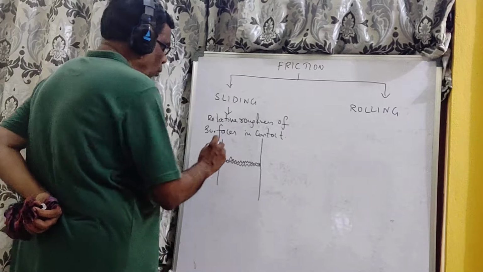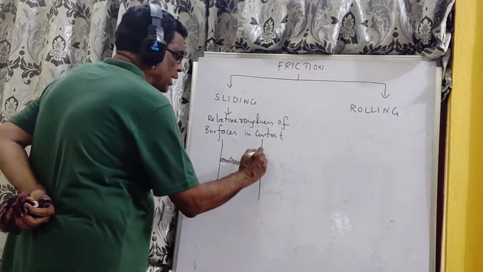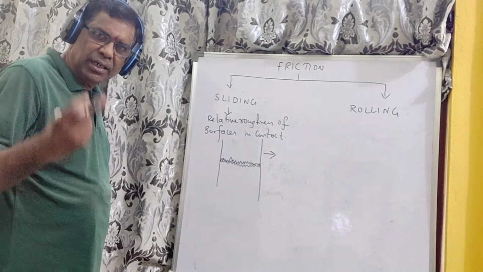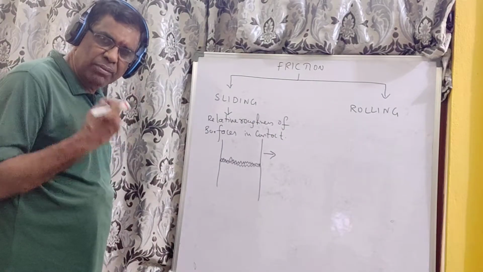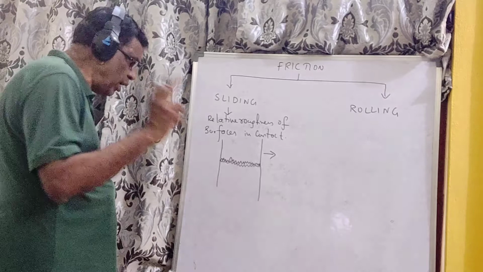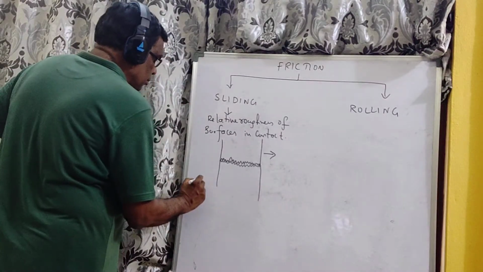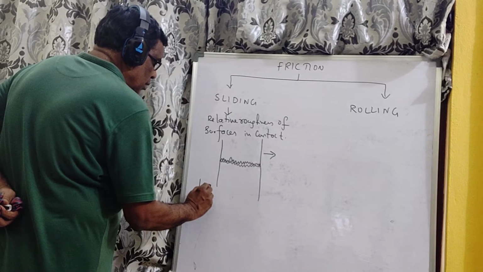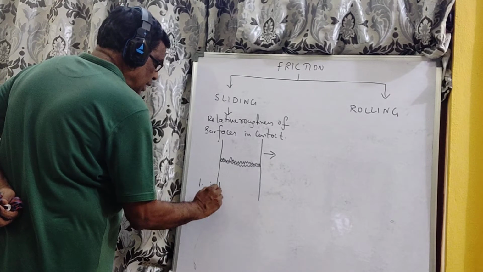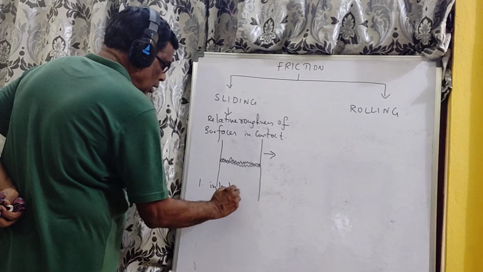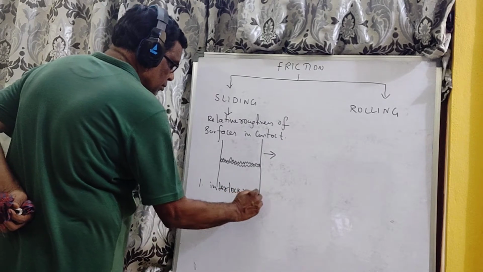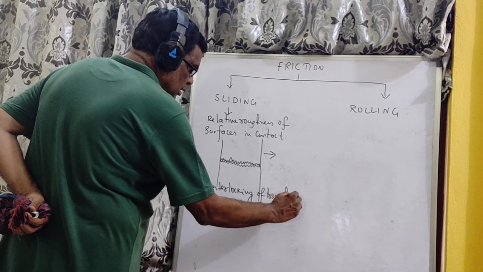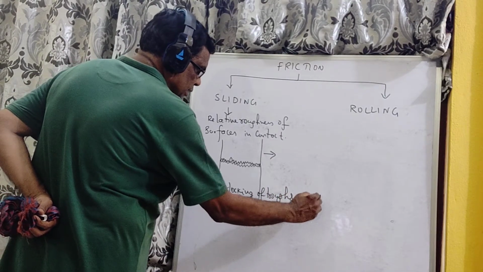So, what happens when I try to move this body? There are two things that I have to overcome. What are those two things? One, interlocking of troughs and ridges.